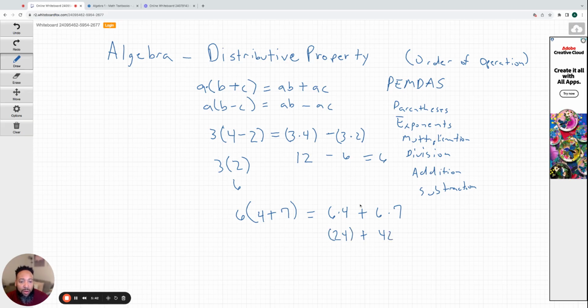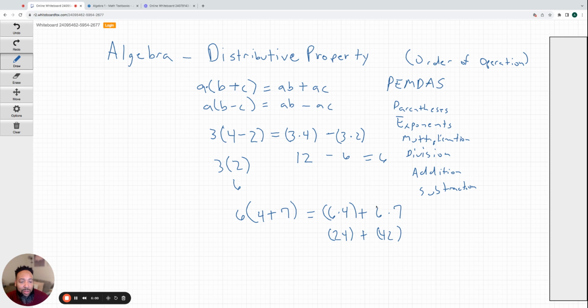So remember, going back to our order of operations, what type of operation would you do first? Would you multiply first? Yes, multiply first before you add. So you'd multiply these two numbers, then multiply these two numbers, and then add.